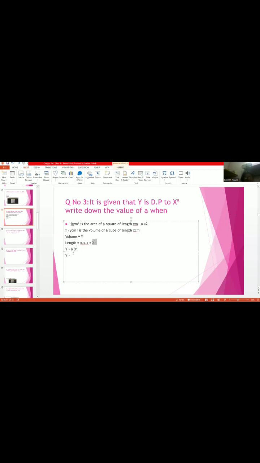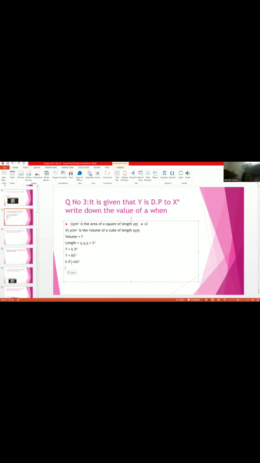So y is equal to kx cube. Here this y is cancelled with this y. So this means kx cube raised to power n is equal to k raised to power x cube. So I have to write it here. This one is equal to this one.